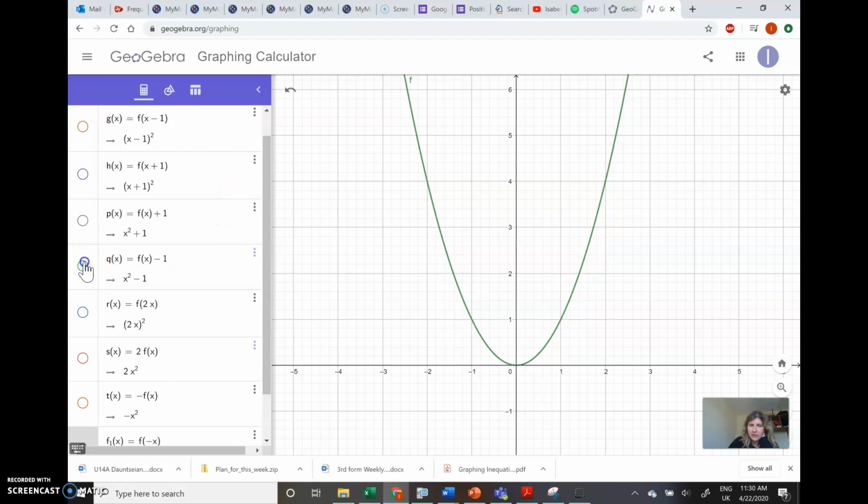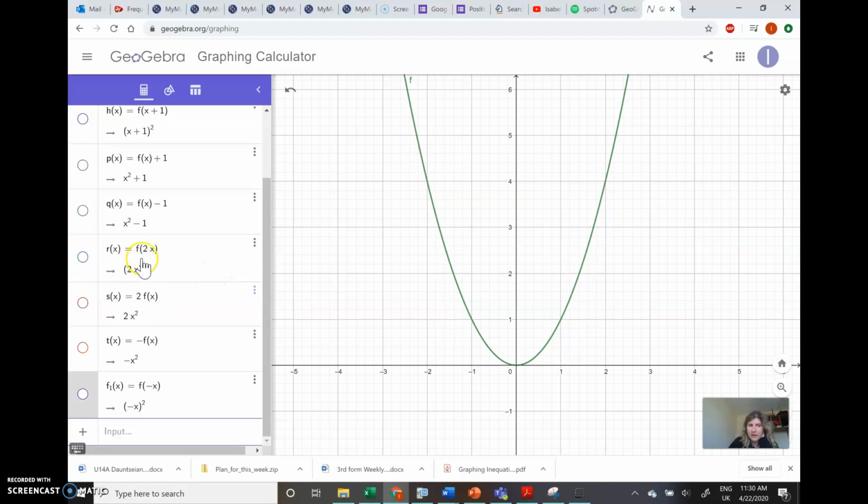The next one that I want to look at is f of 2x. f of 2x creates 2x squared as a function. You can see there that it makes it skinnier, it squishes it in.